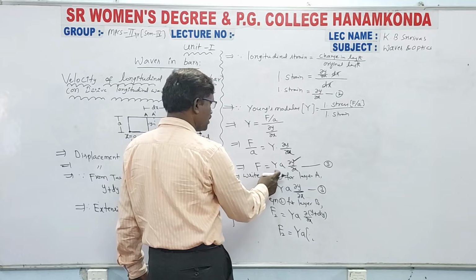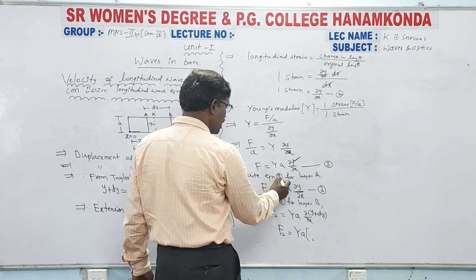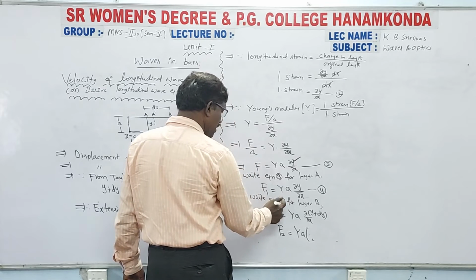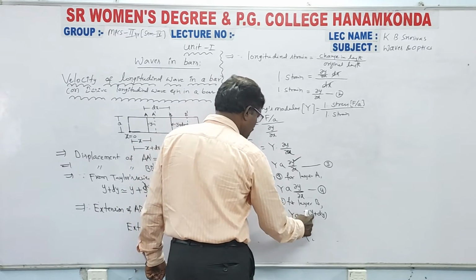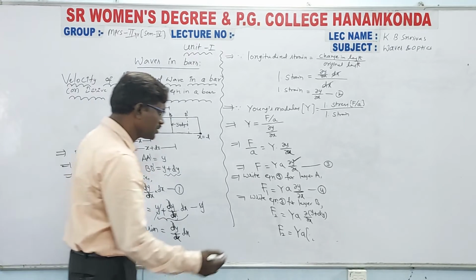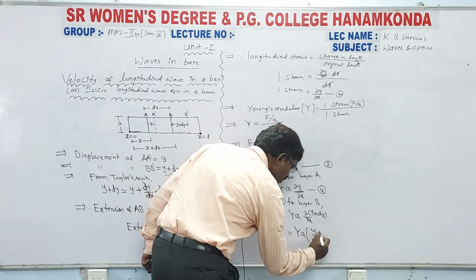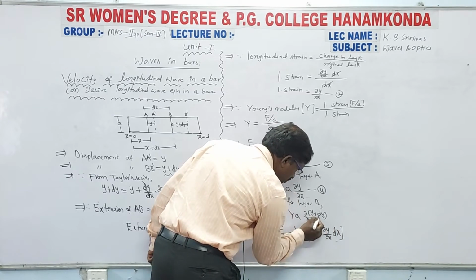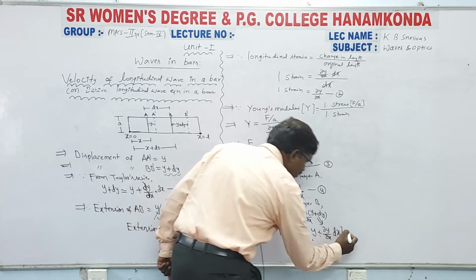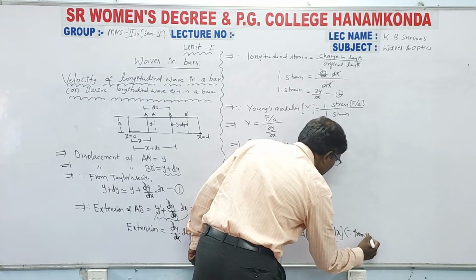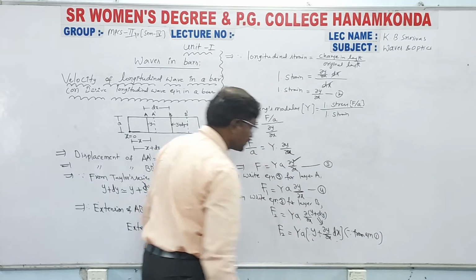Write equation 3 for layer A, we get equation 4. Write equation 3 for layer B. What is y plus dy? That is y plus ∂y/∂x into dx. Simply I am using the y plus dy value. If you have any doubt, just write since from equation 1, that is Taylor series.